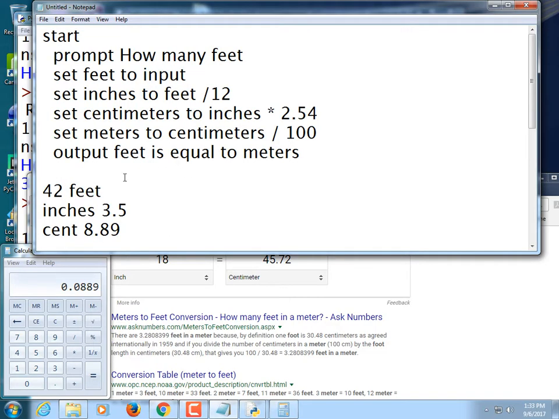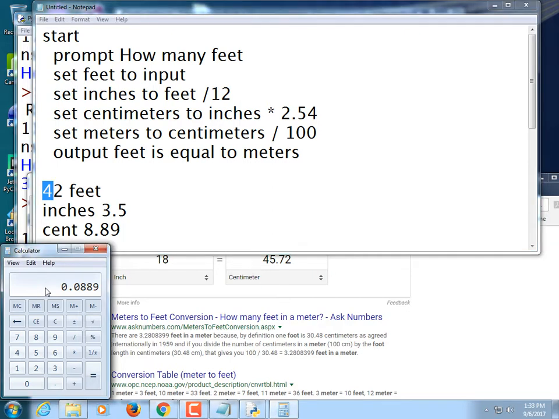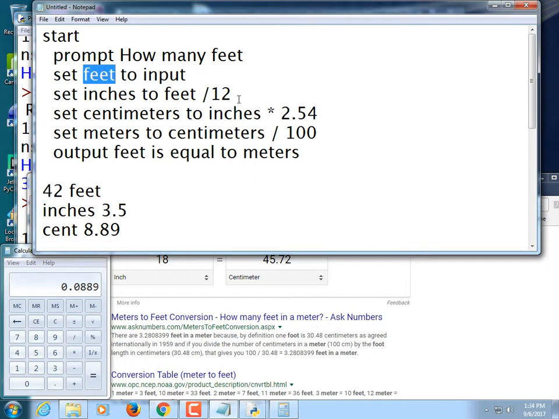What did we do wrong? Oh, should it be? 42 is what we want. It would be set inches to feet times 12. 1 foot equals 12 inches, so 1 divided by 12 would be wrong. If I start with 42 feet, I would divide that by 12. No, you multiply it, right? Yeah, you're getting more inches than feet.